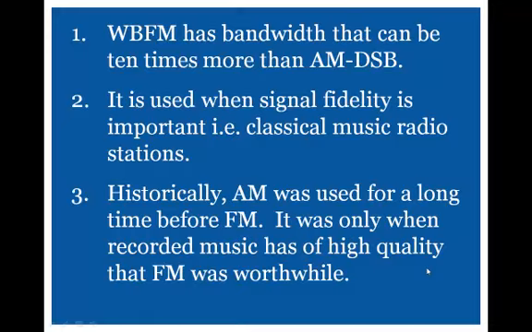Your classic FM stations use wideband frequency modulation, and they do that because it gives much better signal fidelity than AM, because you're always using that higher amplitude. Also, you have a lot of redundancy because you're using so much more spectral bandwidth.